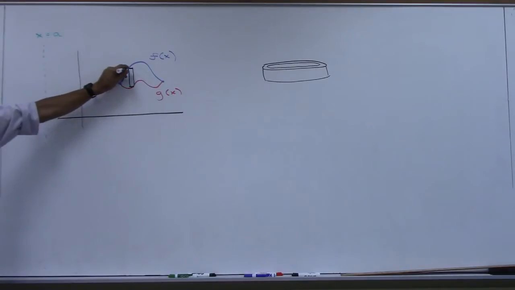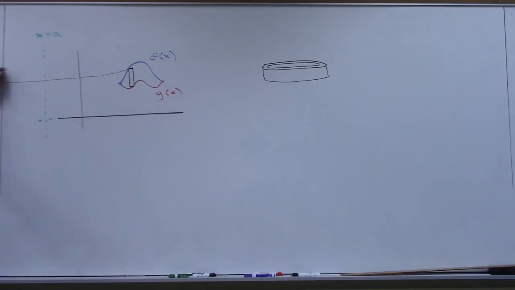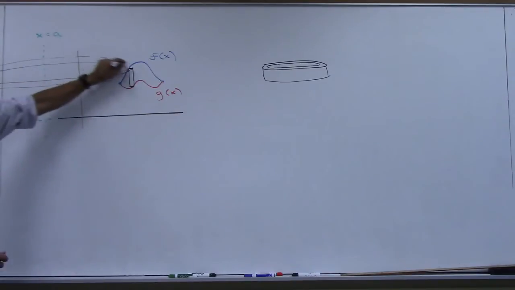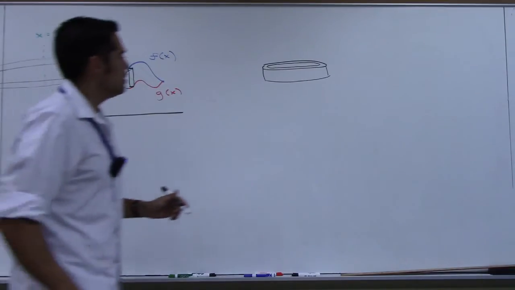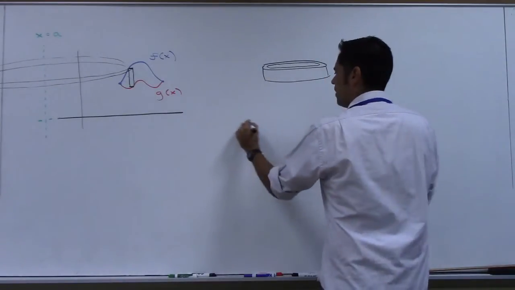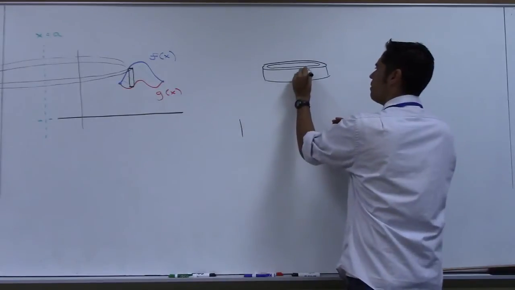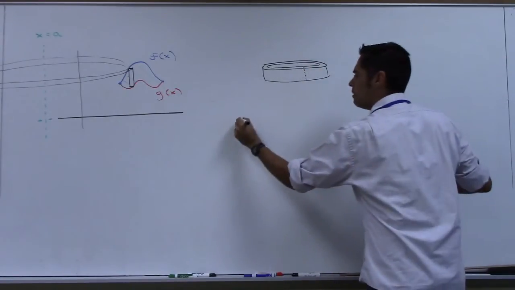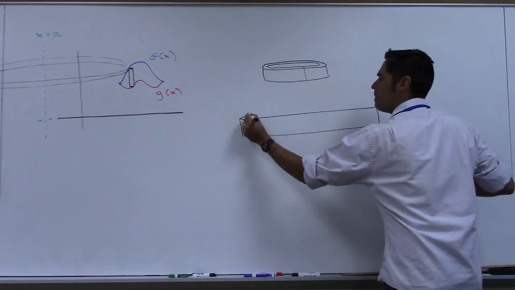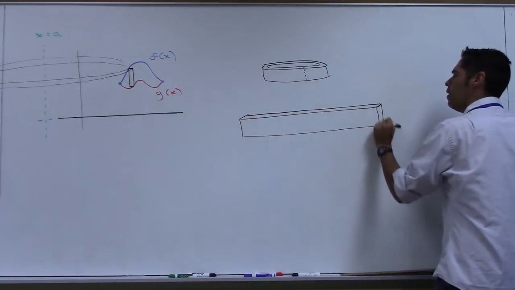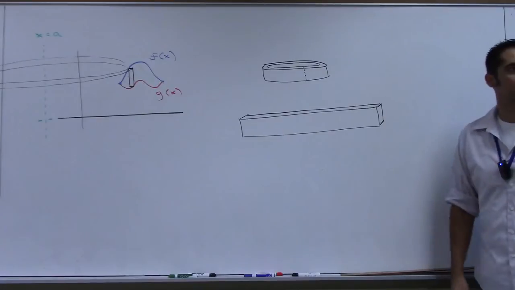You know, it comes around like this, goes back, something like that. I just don't want to clutter up my drawing, so here it is. What we did was we cut this open, right? We snipped it, laid it flat, and got the volume of this boxy looking thing.